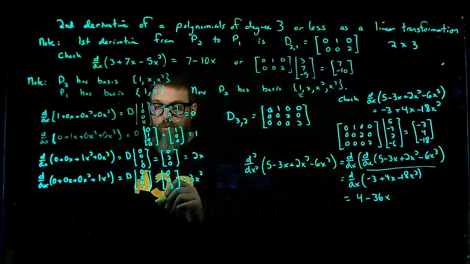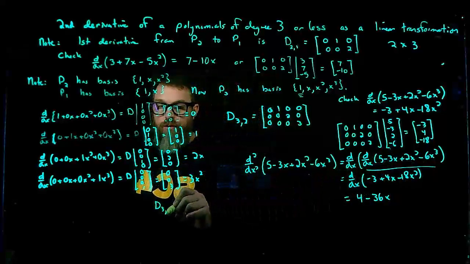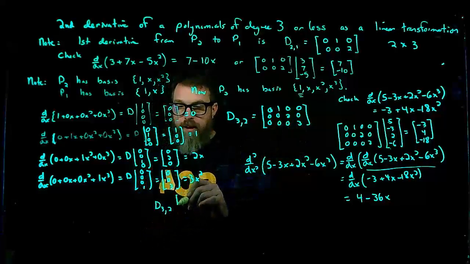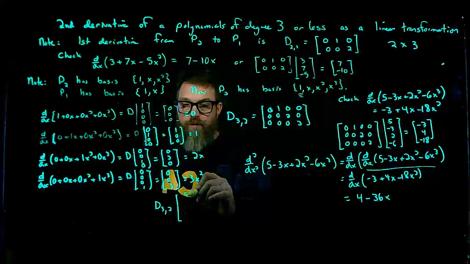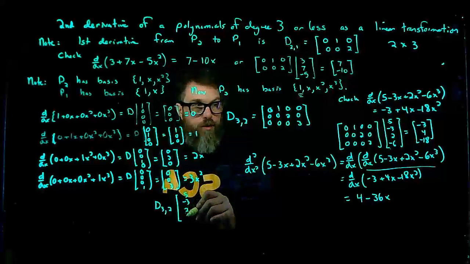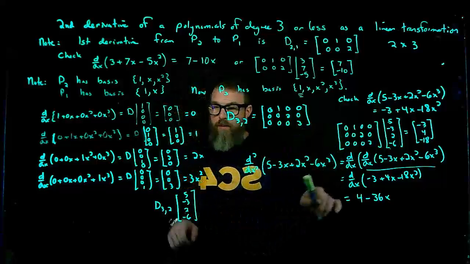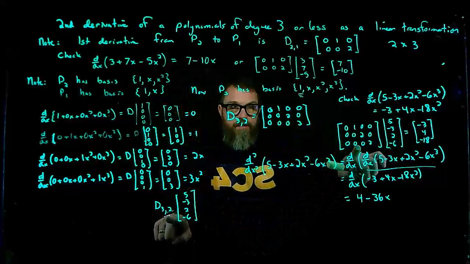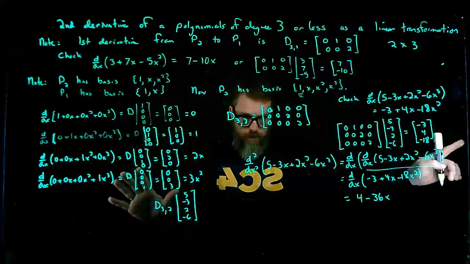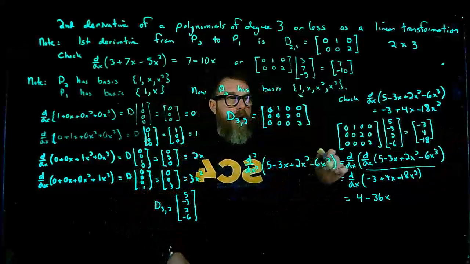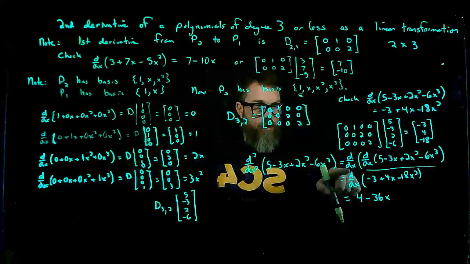Well, I'm going to need the derivative that goes from degree 3 to degree 2 of, let's write this in vertical form, 5, minus 3, 2, and then negative 6. Now we already know this is just this thing right here. Multiply this. I already know its answer, but I'm trying to build the matrix right now. So now I'm going to have to take the derivative of that thing.